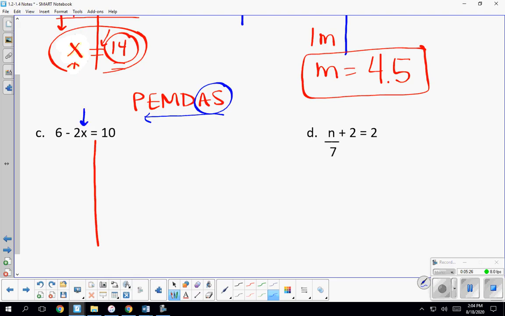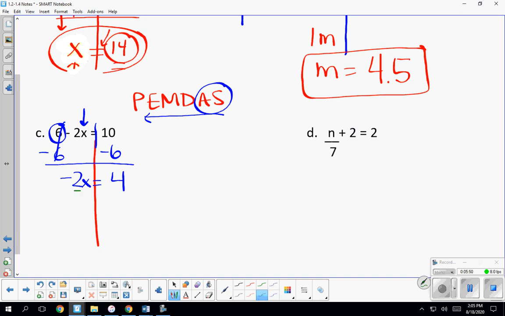This is what I'm isolating, so this is the side I'm working on. We have this 6 that we need to get rid of. Since it's a positive 6, we want to take it away, to the other side. So 6 minus 6 is 0. And we're going to drop down our negative 2x. And 10 minus 6 is 4.